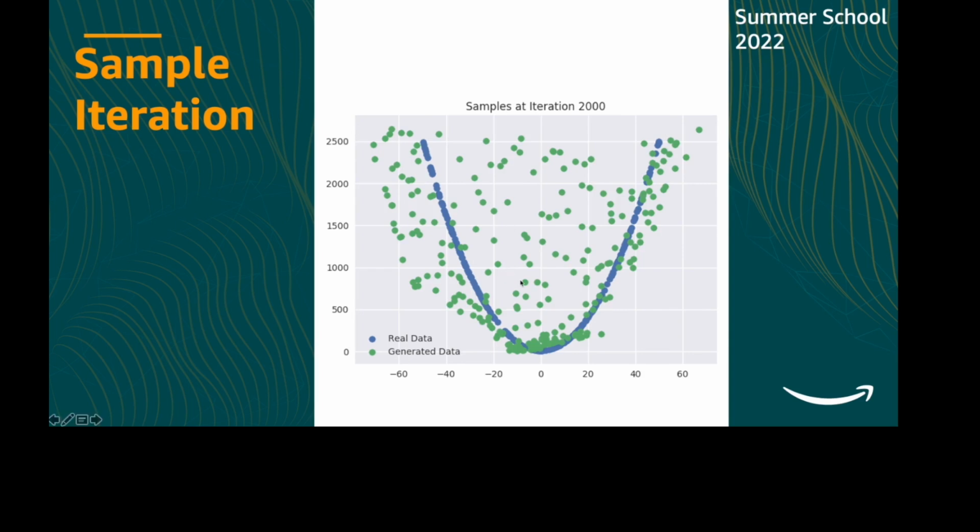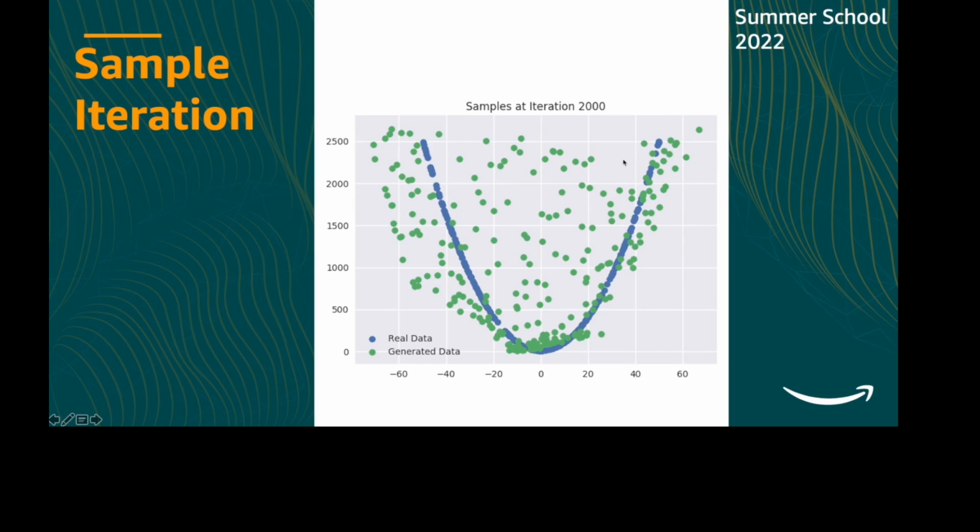Now after 1,000 more iterations we again generate 1,000 data points, and the output looks a little better than before. Now x and y of the green points are pretty much in the range of the real data. However, the relationship between x and y in the generated data is not very similar to the relationship between x and y of the real data.